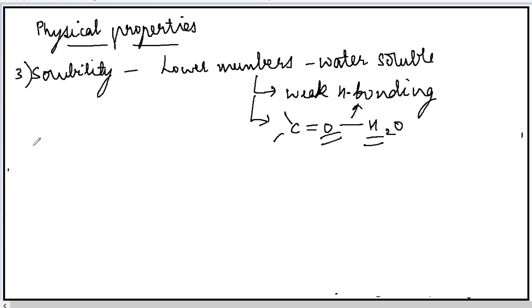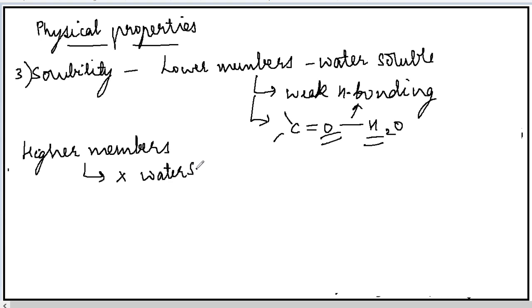But the higher members of aldehydes and ketones are not soluble in water. The reason is that as we move to the higher members, the alkyl or the aryl group becomes larger in size.